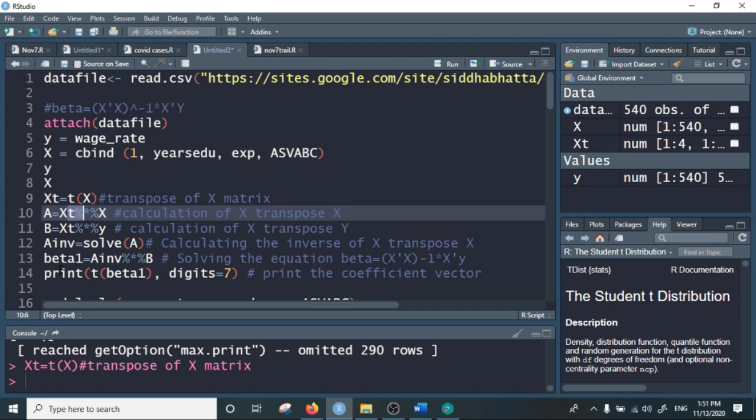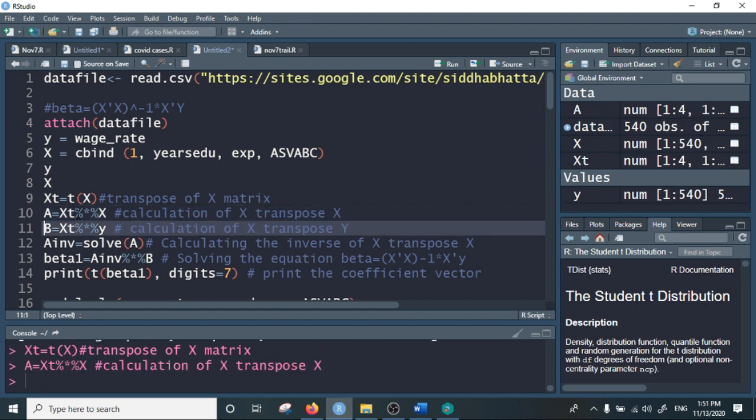So XT percent asterisk percent X multiplies these 2 matrices. XT is the transpose of X, and X is the matrix we defined. To multiply these 2 matrices, we keep the percent, asterisk, percent sign between them. This multiplies these 2 matrices and saves them in A. So A is a matrix which is defined by X transpose times X.